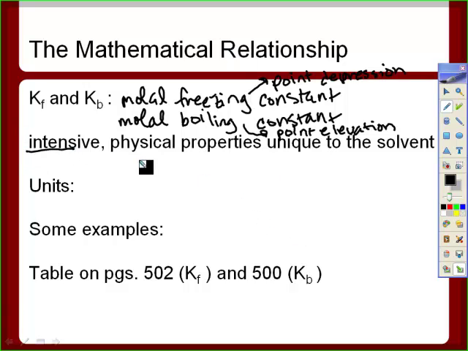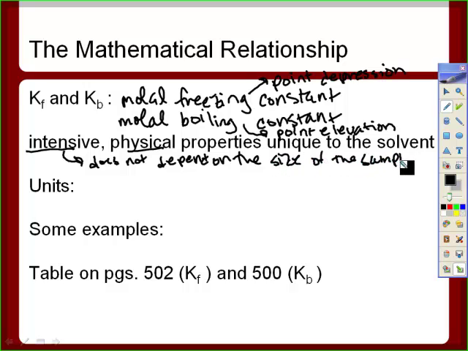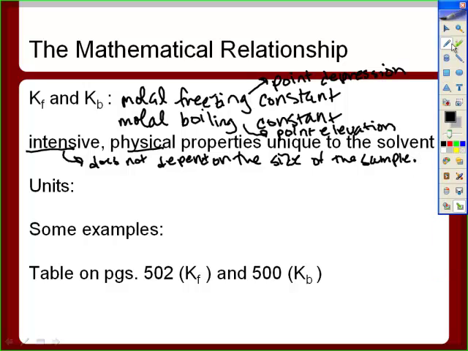So these are intensive physical properties. Remember, intensive physical property means it does not depend on the size of the sample. So no matter how much water you have, its molal freezing constant is always going to be the same value.